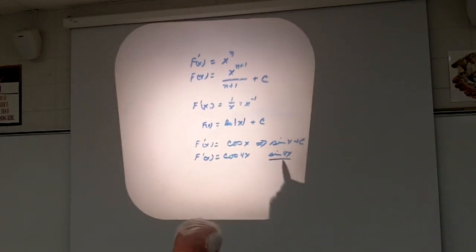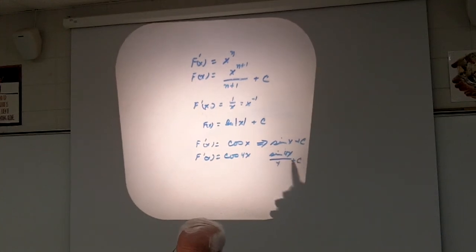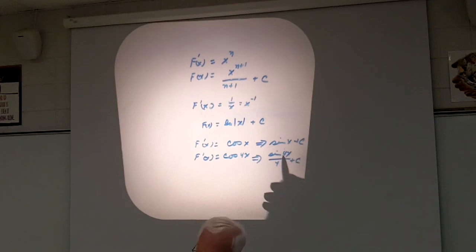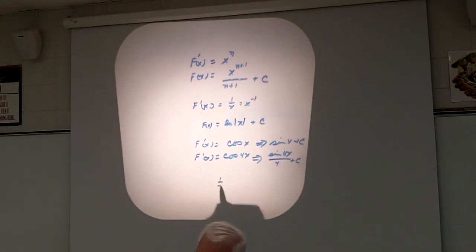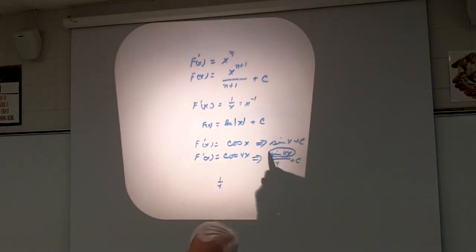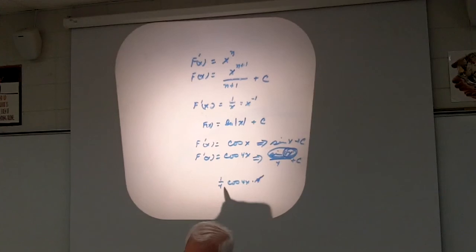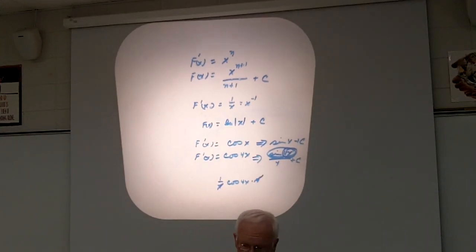Now we're doing the division by it. Are you with me? Now, this is the antiderivative. Let's try it out. We have 1/4 out here, and the derivative of this is cosine 4x times 4, and now the 4 cancels with the 1/4, and there we are. Really? Okay?